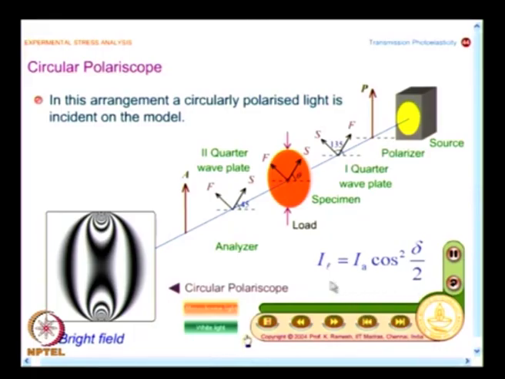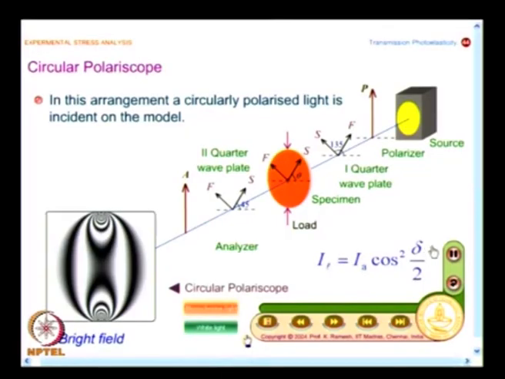And you also note down the intensity of light transmitted takes the form I_A cos square delta by 2, and this will go to 0 only when delta is pi, 3 pi, 5 pi and so on.